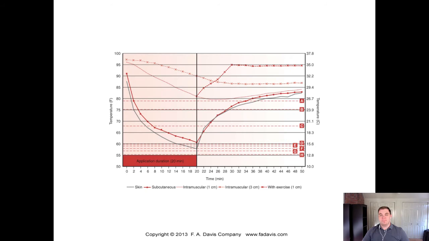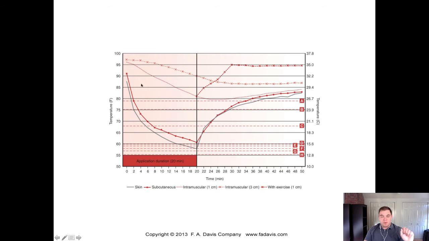Not much on that. Okay, this slide is crazy looking, right? So if we look here, this line on the left here is your skin temperature. The next layer is your subcutaneous layer, fat, right? Bam, right here. And then each one after this is intramuscular tissue temperature, 1 and 3 centimeters, and then with exercise.